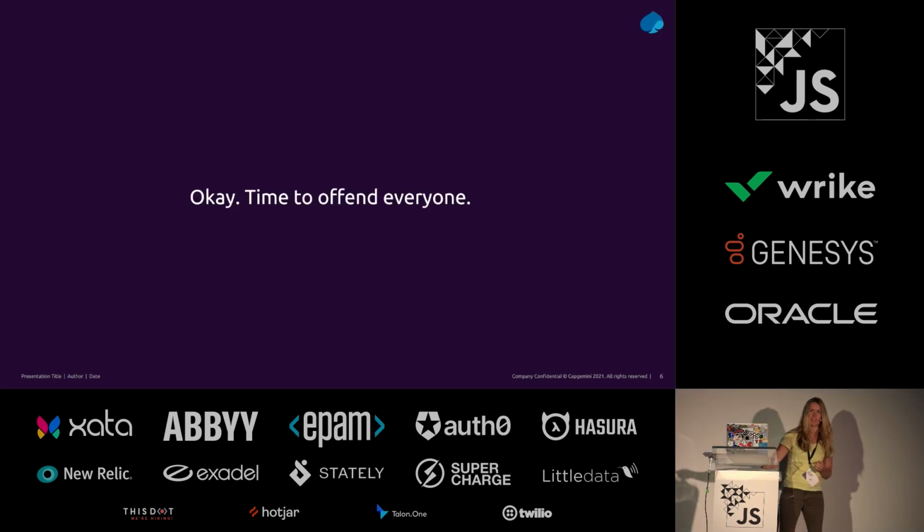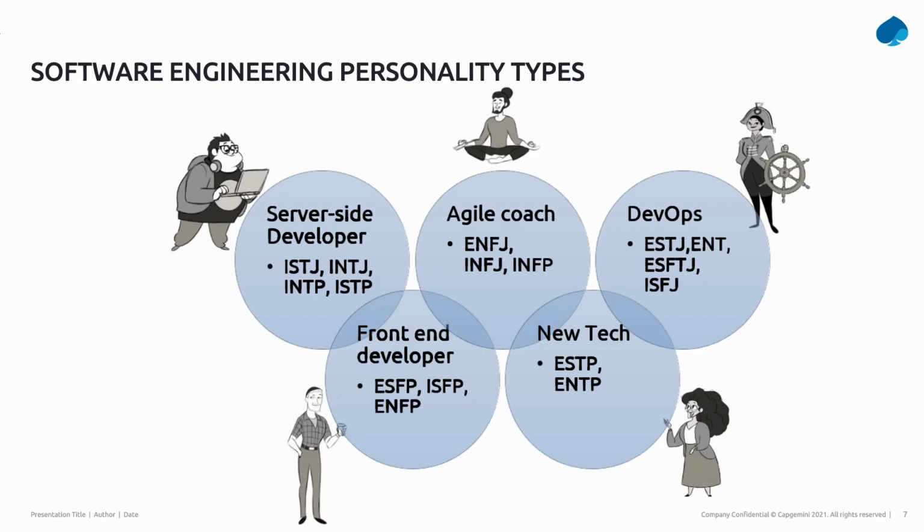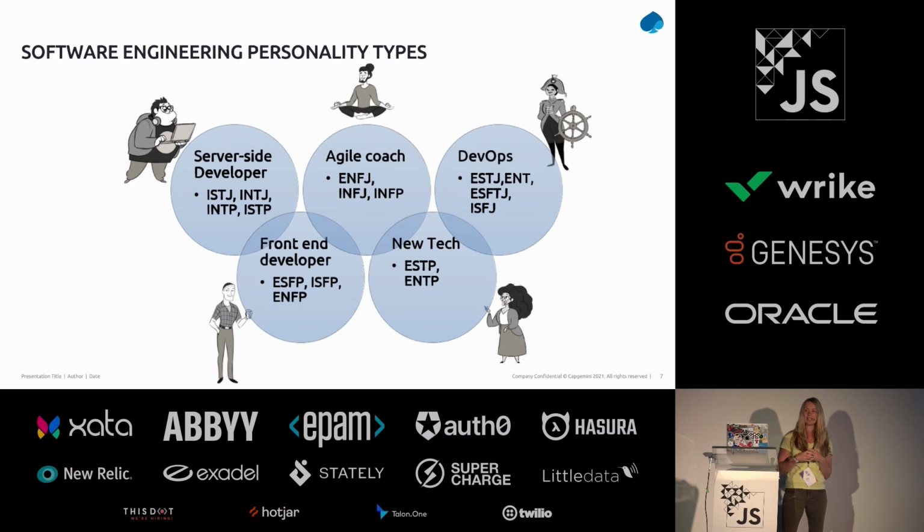So now it's time to offend you all. I thought, how can I make this a little bit more technology specific? And I thought maybe I could group these personality types into software engineering personality types. If you're a server-side developer like myself, you might be a little bit more introverted. Perhaps if you're a front-end developer, you're more on the design side, you're a bit more creative.